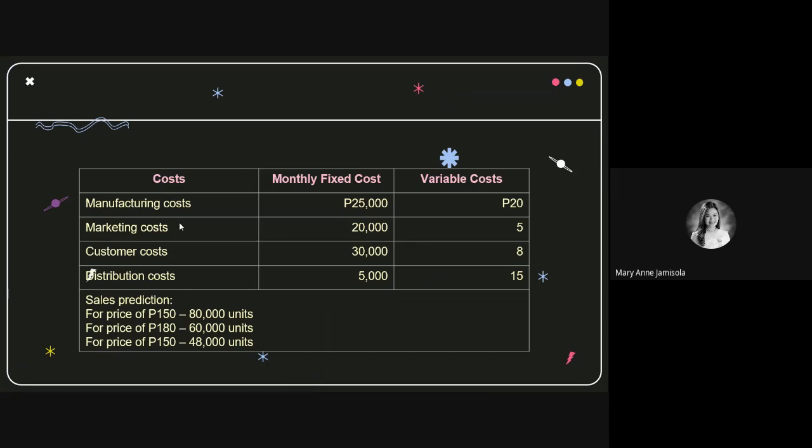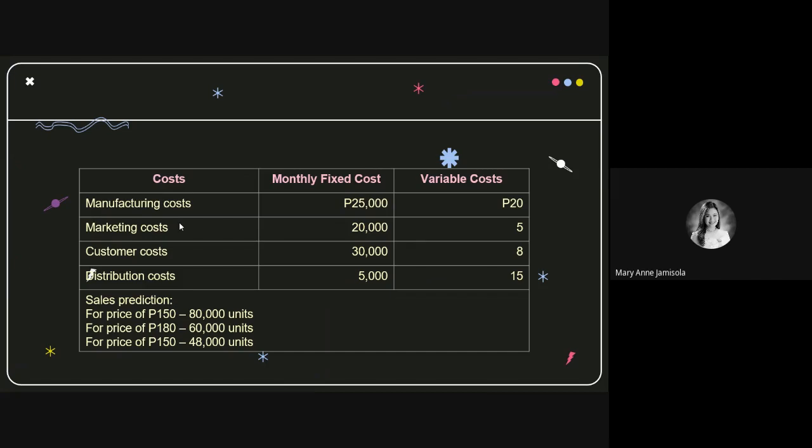It will give us revenues of 12 million. For the price of 180, 60,000 units. Just multiply the two and you will get revenue of 10,800,000. For the last price, 225, we can sell 48,000 units. So 225 times 48,000, you will get 10,800,000.